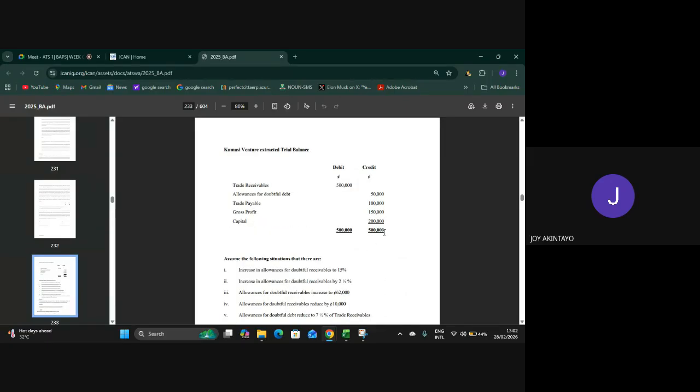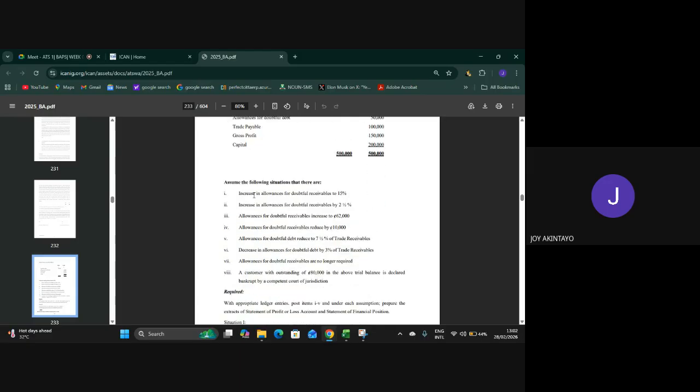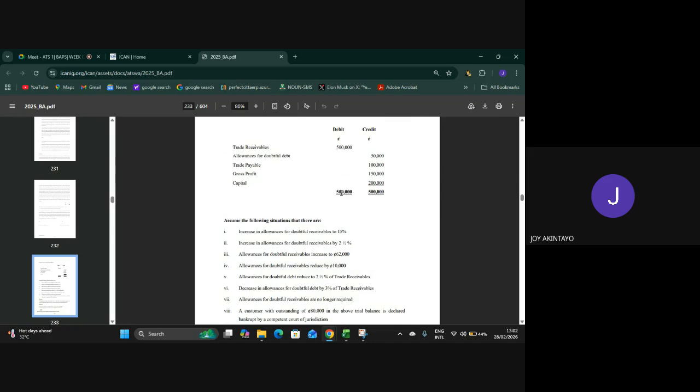Like what we have here, we have trade receivables, allowance for doubtful debts, trade payables, gross profits, and the capital. So you now said, assume the following situation where we have an increase in allowance for doubtful debts. Where is our doubtful debts?